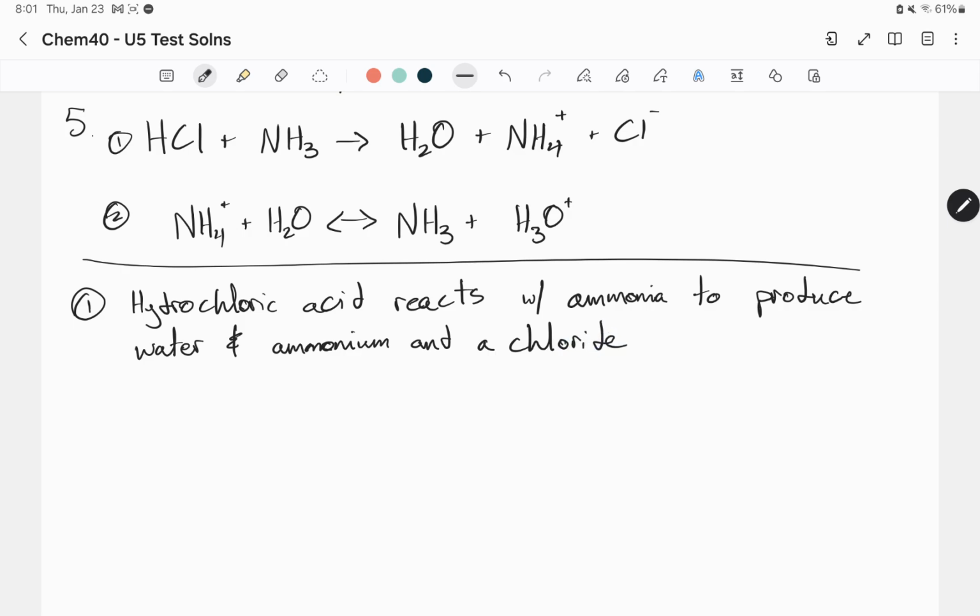So it is incorrect to call this chlorine. It's a chloride ion. Okay, so that's the first point.